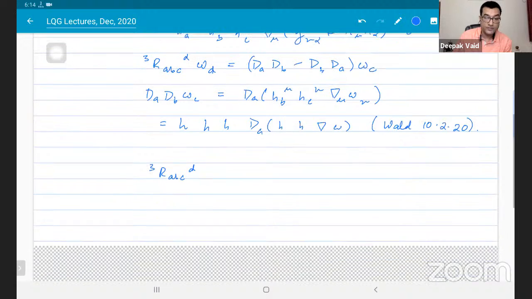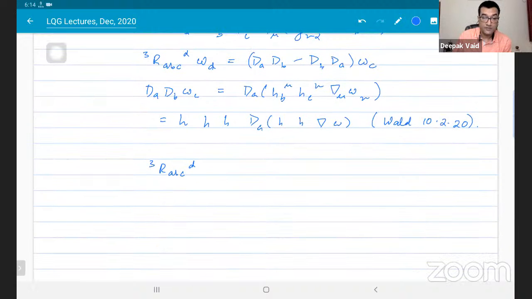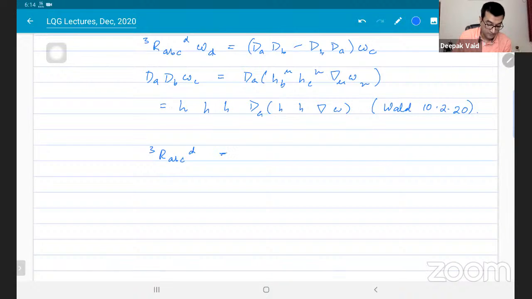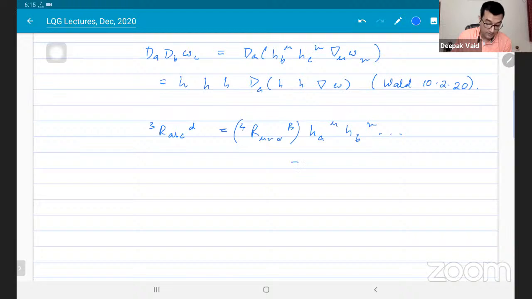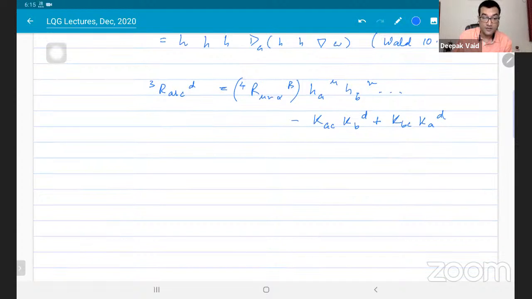Ultimately what you're left with is the 4-dimensional Riemann tensor R_ABCD projected down, with h_A^mu, h_B^nu and so on, minus K_AC K_BD plus K_BC K_AD.